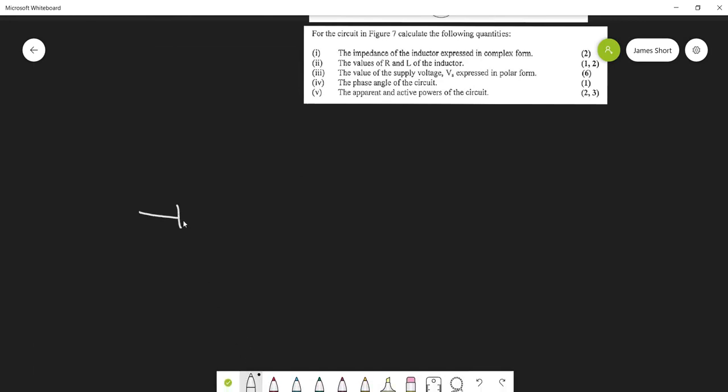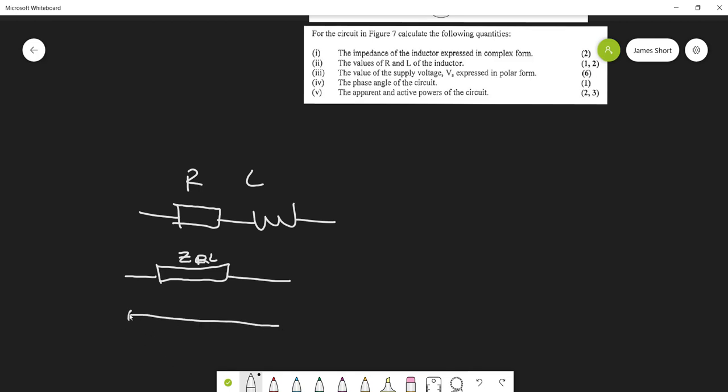Alright, so what we've got here is a resistor and inductor, and that is being given an equivalent, so we could call that R, we could call that L, we'll call that ZRL.